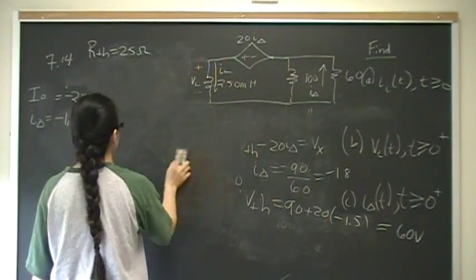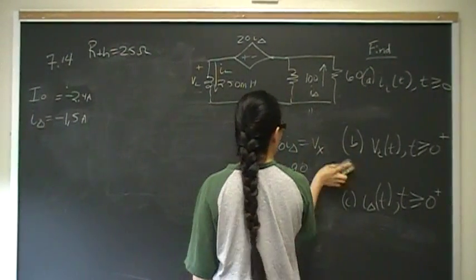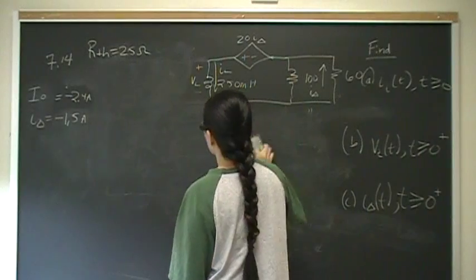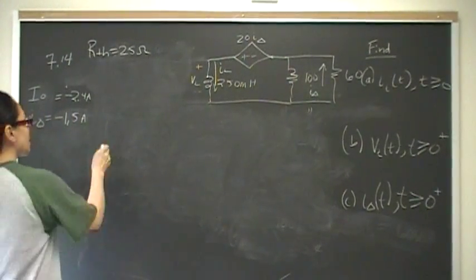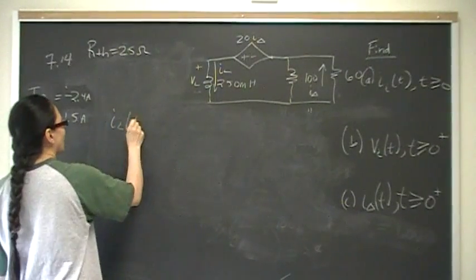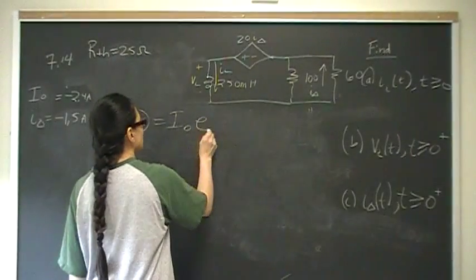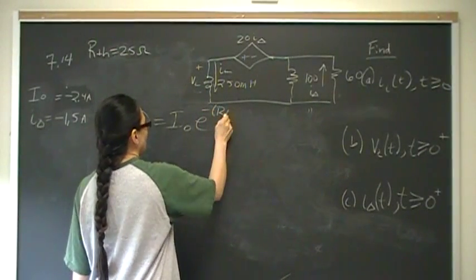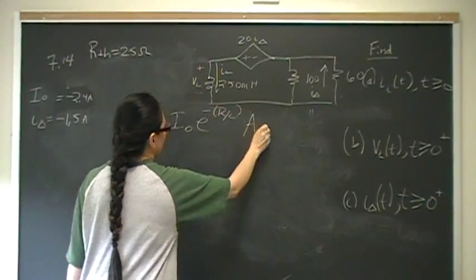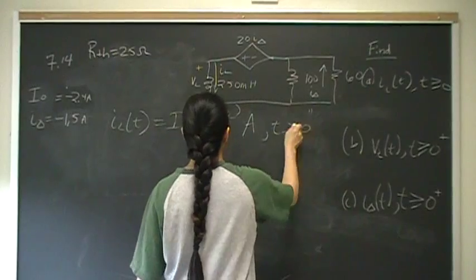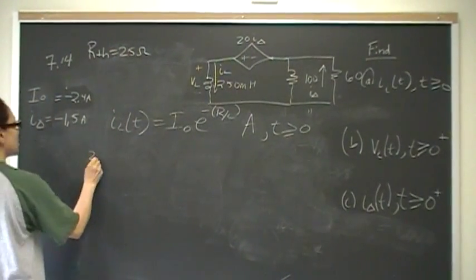So now that we know that, we can use our equation to find part A. Part A is I, the current through the inductor after the switching happens. That's the initial current before the switching occurs times e to the negative R over L t, where L over R is tau, in amps.